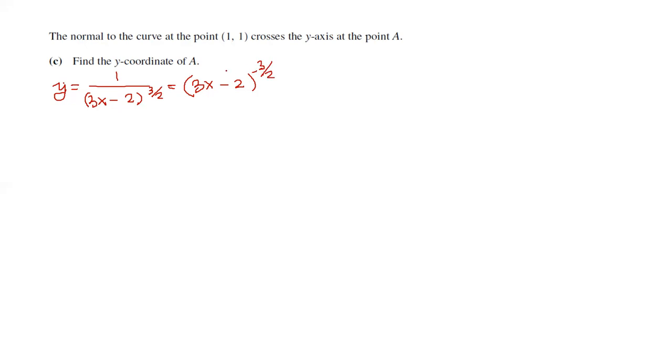Okay, now we're going to find dy/dx. Let u equal 3x minus 2. It means du/dx equal 3.